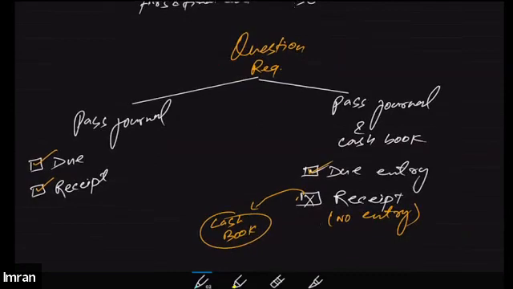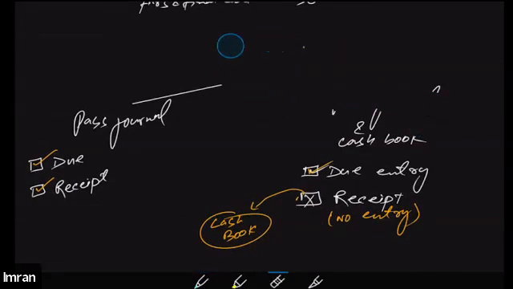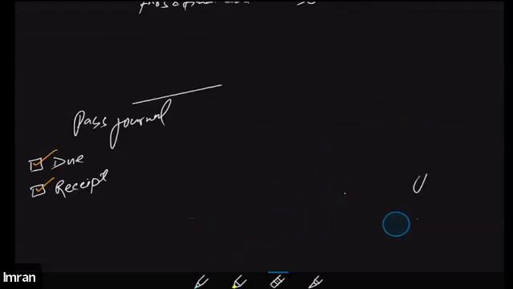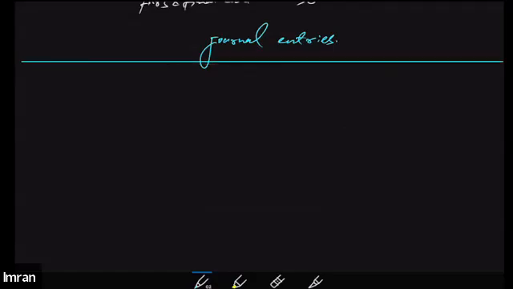So if it is clear, now let's move to the solution of this question. But for this purpose, just let me erase all this. Okay, so let's first of all pass the journal entry. And along with the journal entry, we will be forming the cash book side by side.